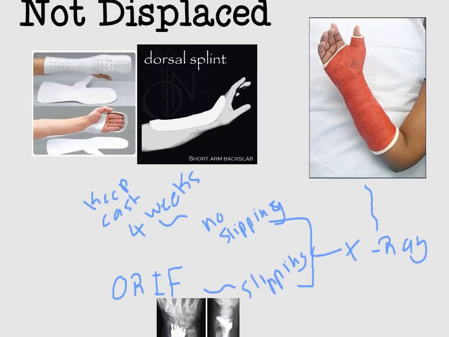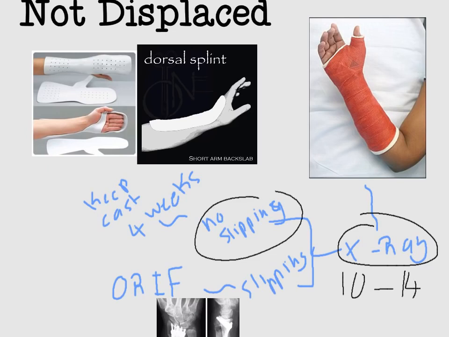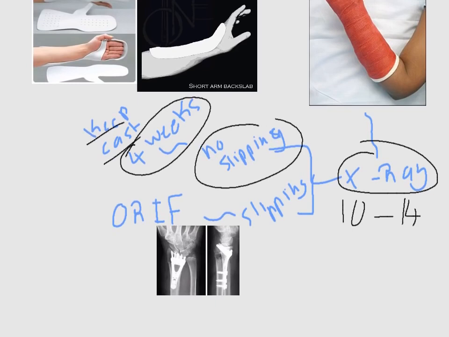After this complete cast, we wait 10 to 14 days. After this, we make some X-rays of the hand to make sure that there is no slipping. If we have no slipping, then we keep the cast for 4 weeks. If we have slipping, we have to do open reduction and internal fixation.